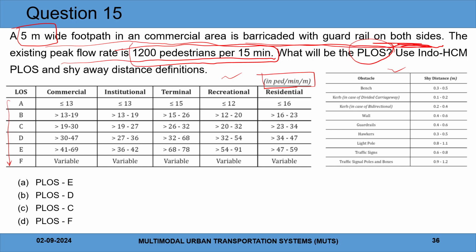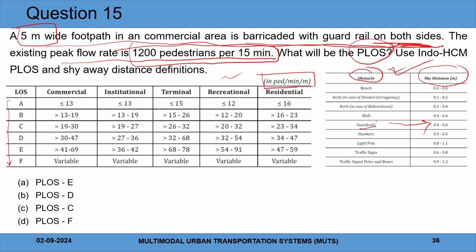So people will not go just beside the guardrail, they will maintain a certain distance from that guardrail. For a commercial area with a guardrail, you will get the shy distance from this table. If there is some obstacle, then people maintain a certain distance, that is the shy distance.